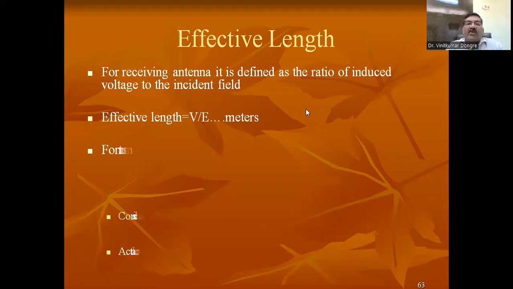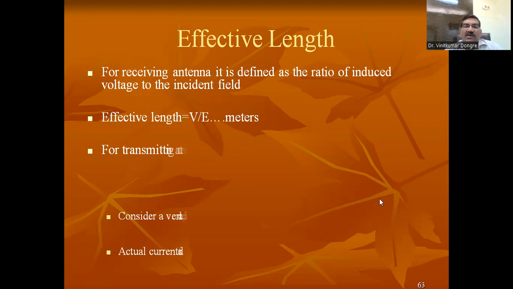For a receiving antenna, it is defined as the ratio of induced voltage to the incident field. So effective length is V by E, in meters.